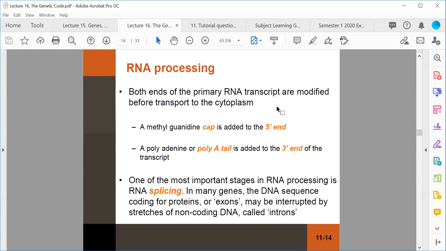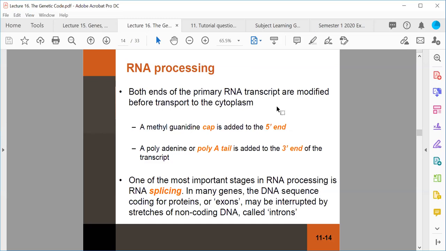All right, so transcription has taken place and a complementary strand of RNA has been synthesized. That is, it is complementary to that gene sequence that was in the DNA. But the RNA has to be modified.